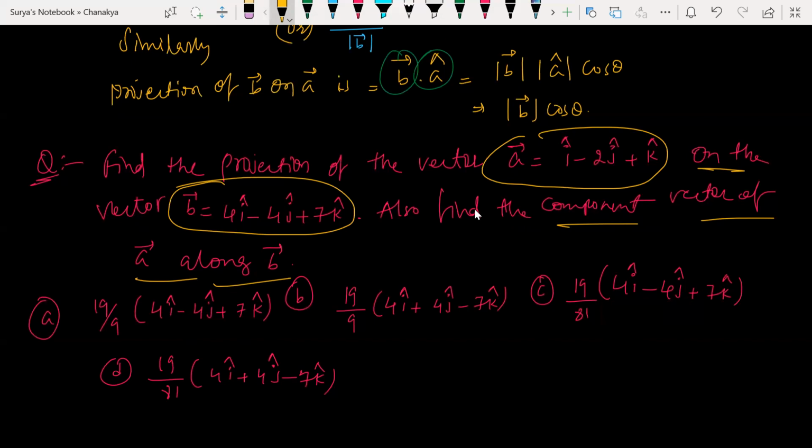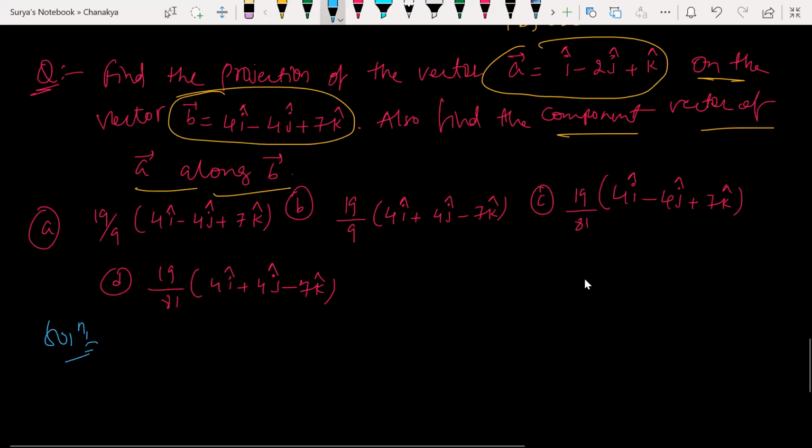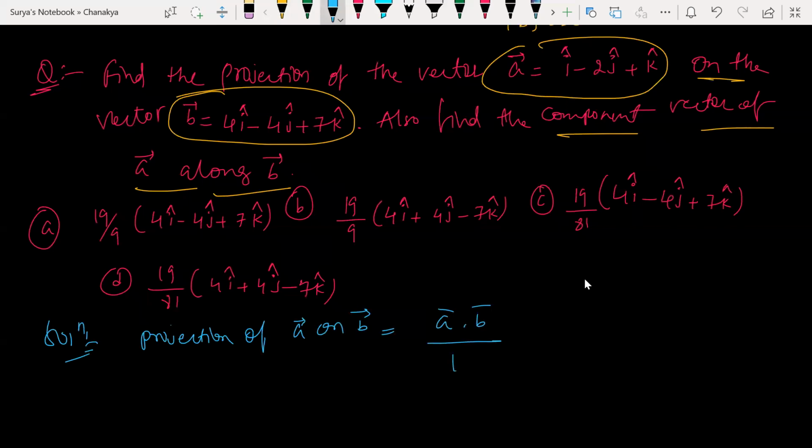Projection of A on B. What is the formula I told you? Very simple, right? Projection of A on B can be written as A dot B upon magnitude of B. This is the formula I told you. Isn't it, people?